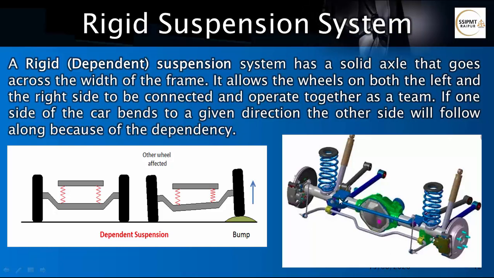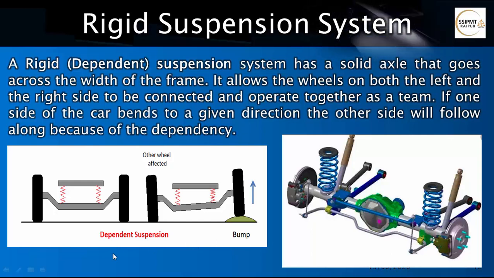It allows the wheels on both the left and the right side to be connected and operate together as a team. Both suspension systems operate together in the case of a dependent suspension system, and the motion of a wheel on one side of the vehicle is dependent on the motion of its partner on the other side, right?